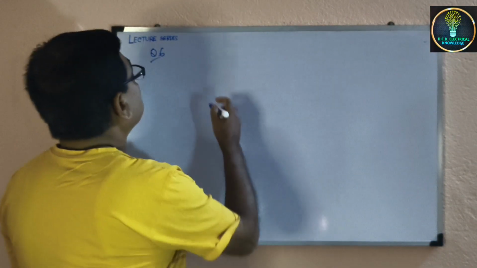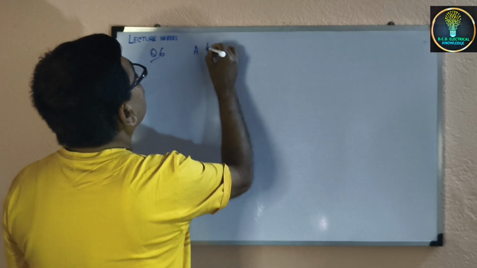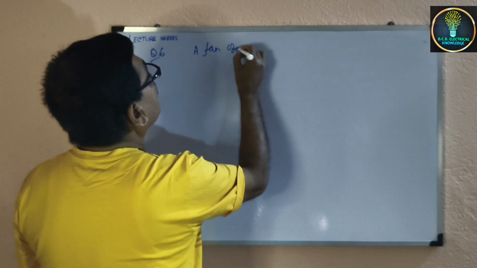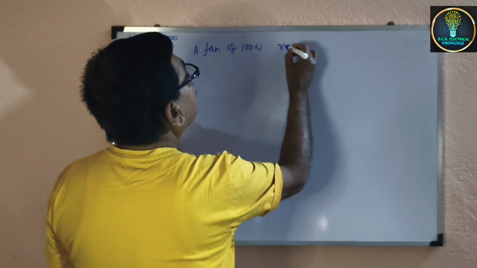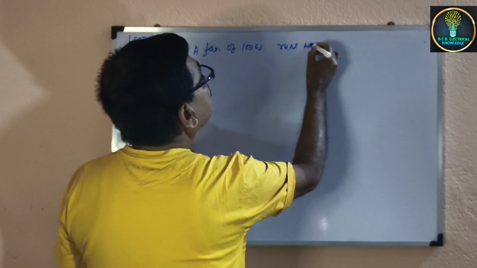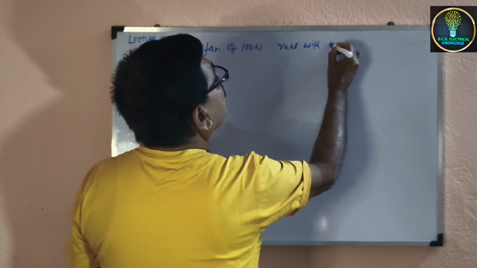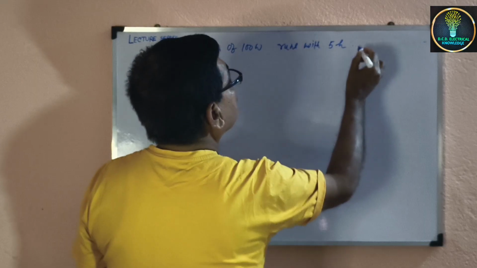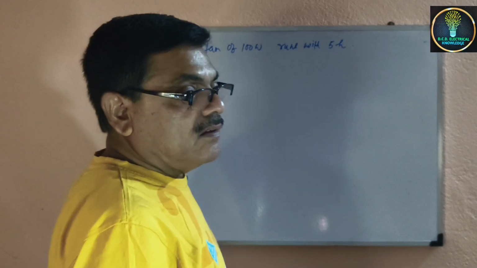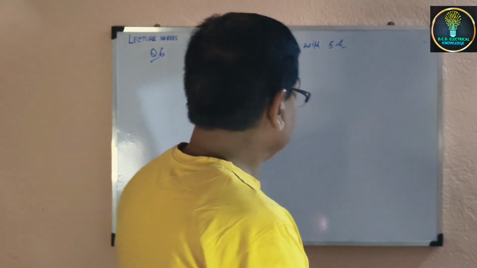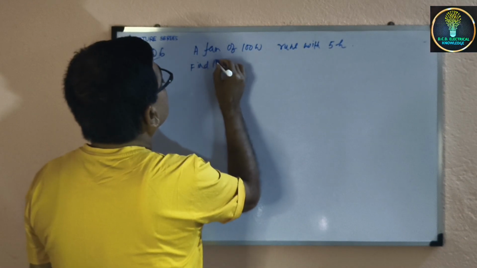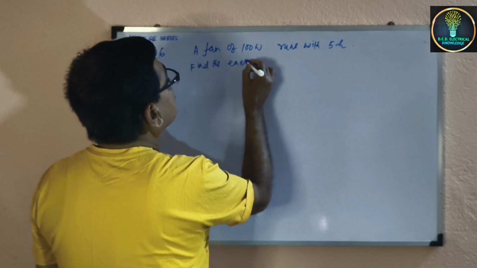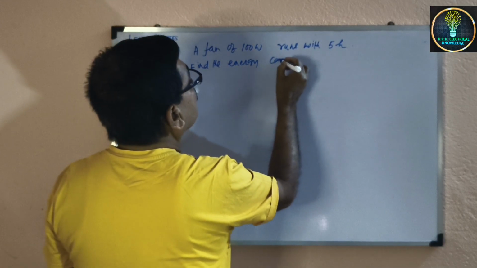Question number 6. A fan of 100 watt runs for 5 hours. Find the energy consumption.